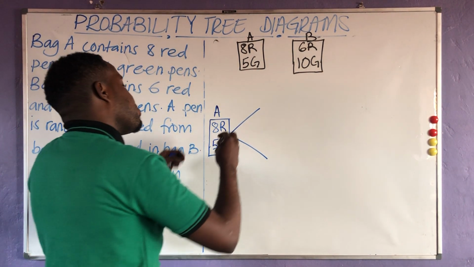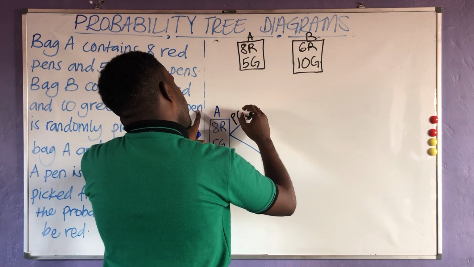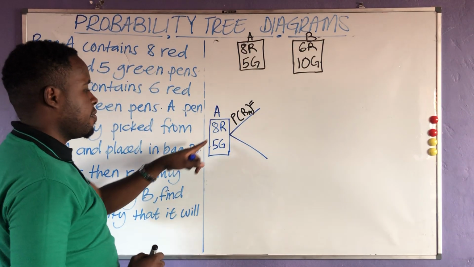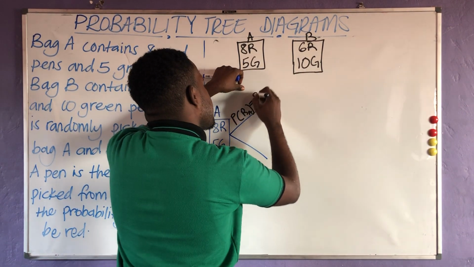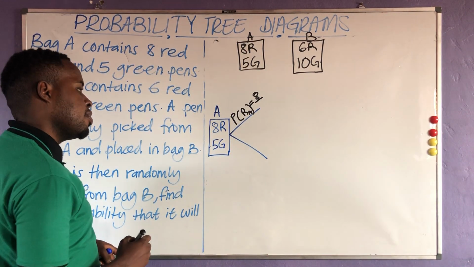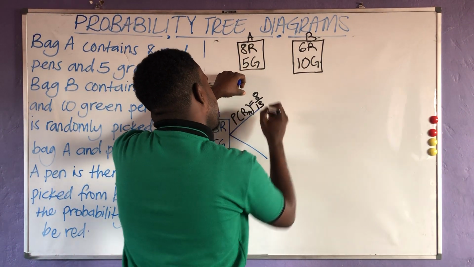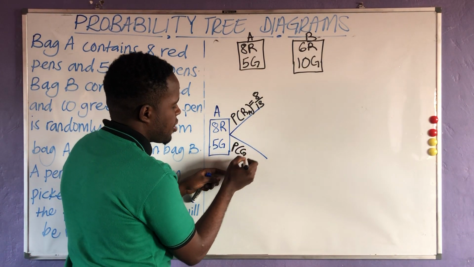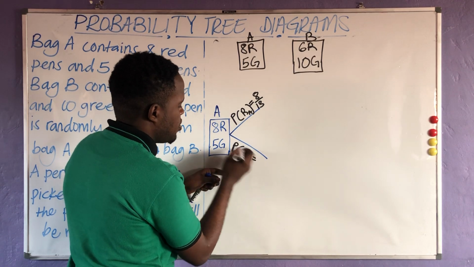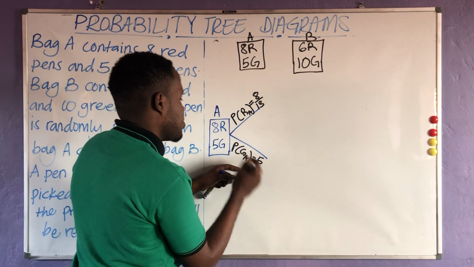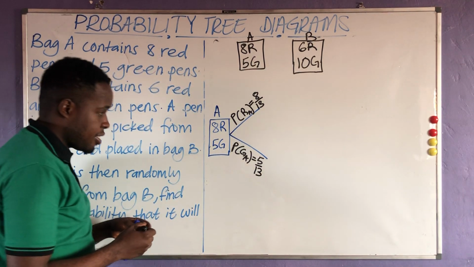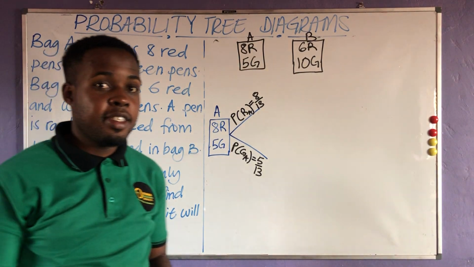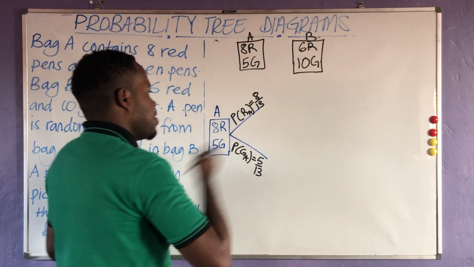So here we can have the probability of picking a red pen from bag A. That probability would be equivalent to 8 divided by the total, which is going to be 13. Then we can have the probability of picking a green pen from bag A. It's going to be 5, still out of the total, which is 13. Take note, the sum of probabilities on a branch should always be equivalent to 1. So friends, we are going to continue.